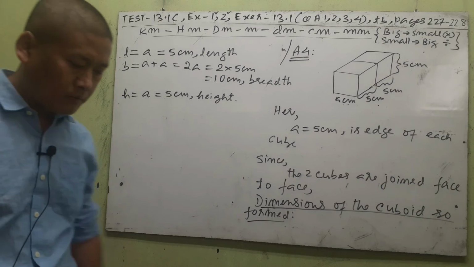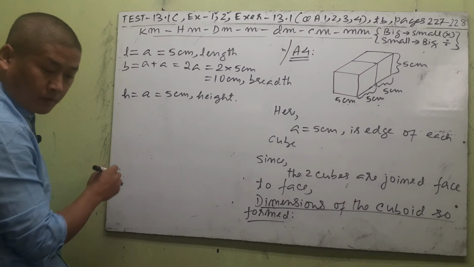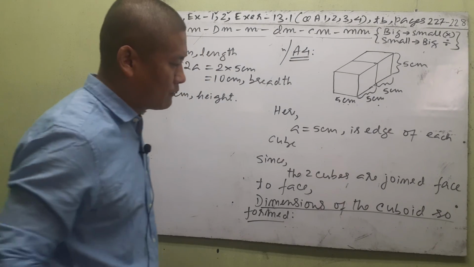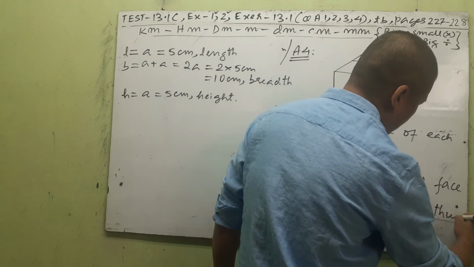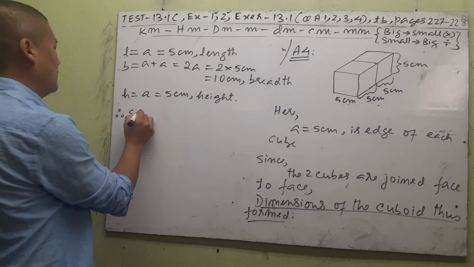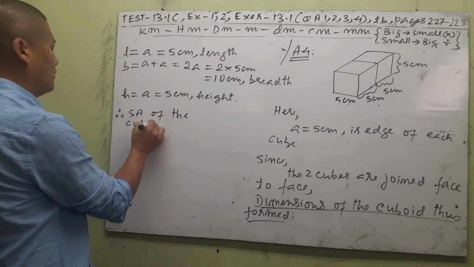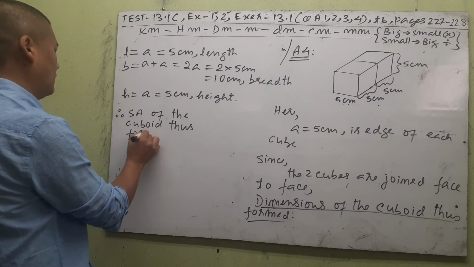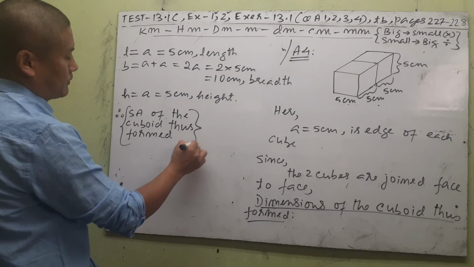So we can now find out what the question is asking: the surface area of the cuboid so formed. They're using this language, so maybe you can stick to the same language. Therefore, surface area of the cuboid so formed.